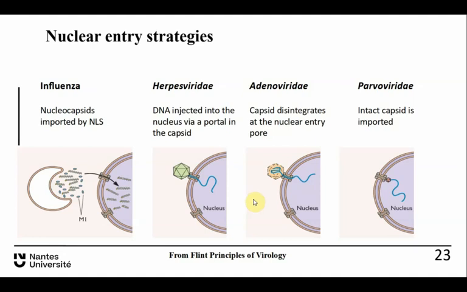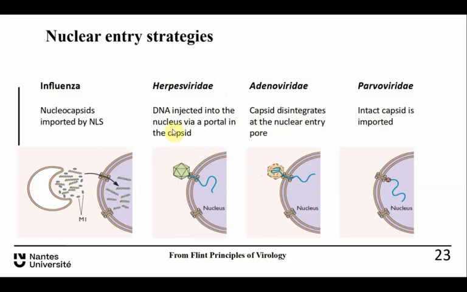However, bigger icosahedral capsids can't get through. They're too big. So for adenoviruses, the capsid will dock at the nuclear entry pore, and then it will be dissociated by cellular proteins, and the DNA will be imported.